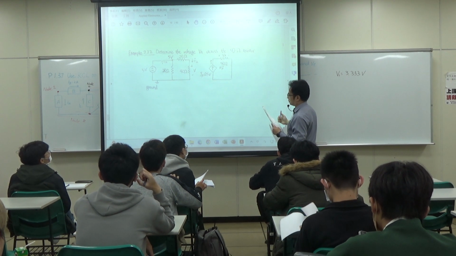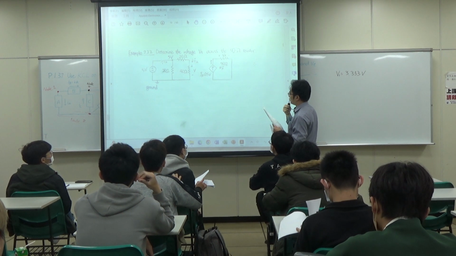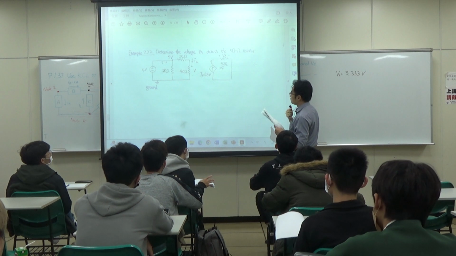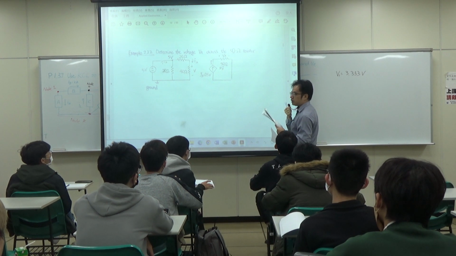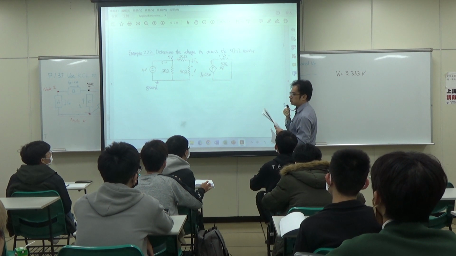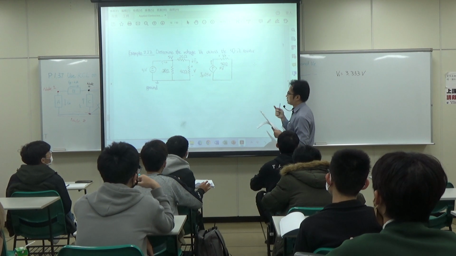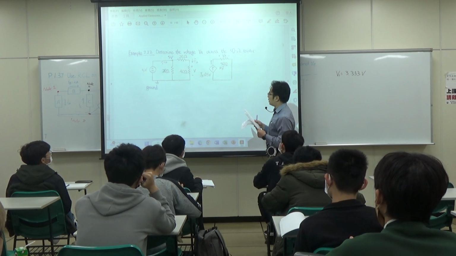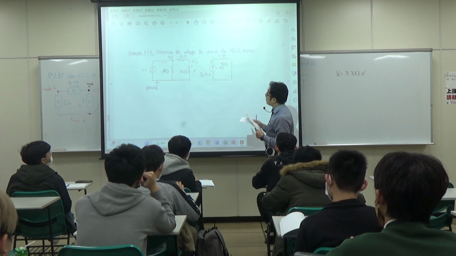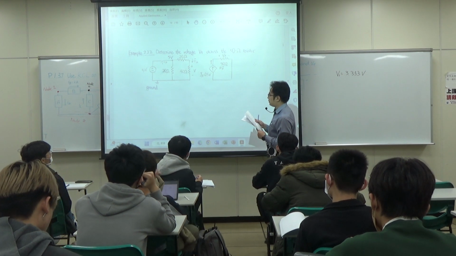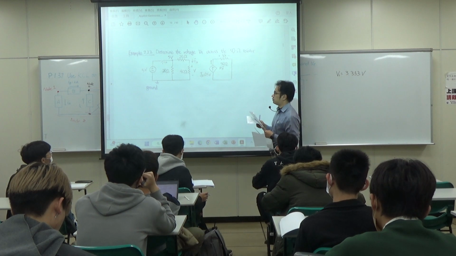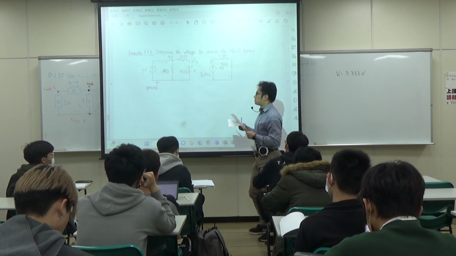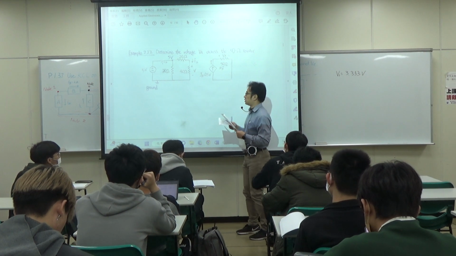V1, we have I2. Yes. I want to talk about KVL. Yesterday we used Ohm's law to solve everything, and then I'm thinking, yes, we can use KVL because I want to prove that KVL and KCL also satisfy this circuit.